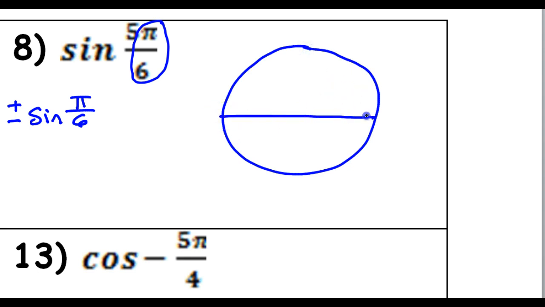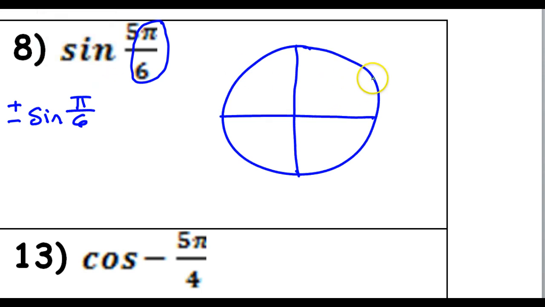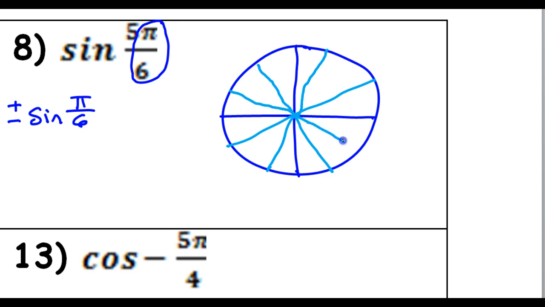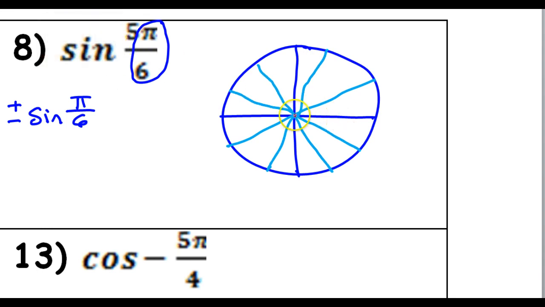So here it is. There's pi over 2. If I split this up a little further, I can make it into pi over 6's, like I so often do. It doesn't have to be perfect, he said as he drew a super crooked line. So these are pi over 6's now. If I want to go 5 pi over 6, start from standard position.